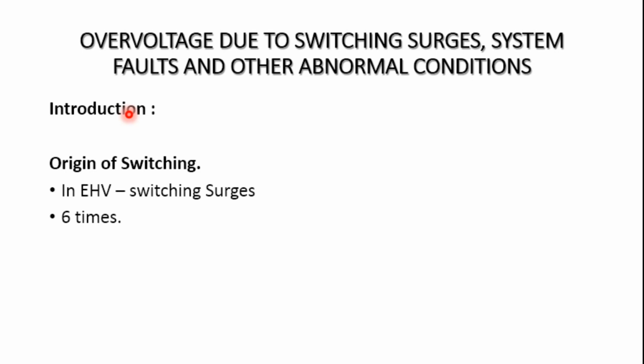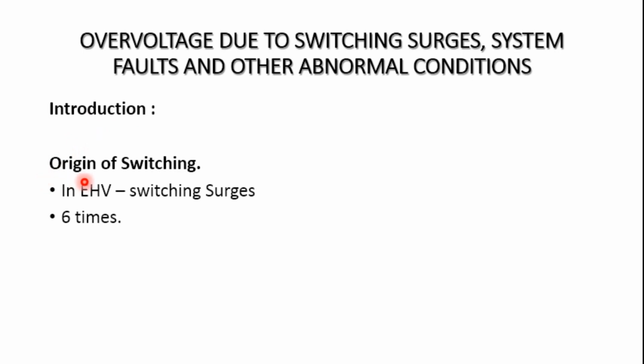In the extra high voltage range, the switching surges and other types of overvoltages determine the insulation level of the lines and other equipment, and consequently their dimensions and cost. So nowadays we give more importance to switching surges, and to lightning as well, because of the increase in system voltage.